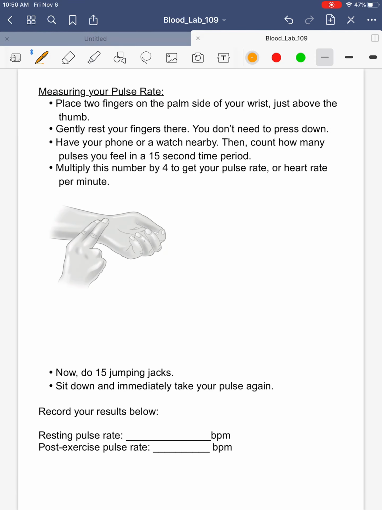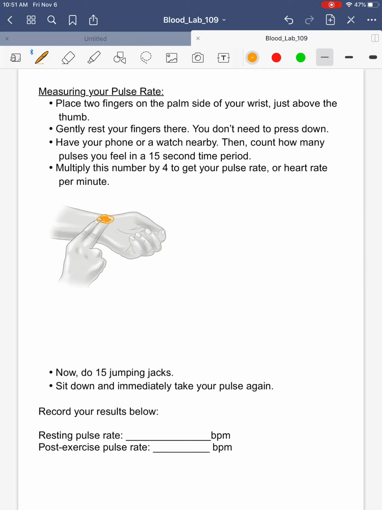So pulse, we can determine how many times the heart beats per minute by feeling a pulse in the artery. One common place to do it is here on the thumb side of your wrist, using 2 fingers. Don't press down too hard. But with some practice, you should feel a little bump, bump, bump.